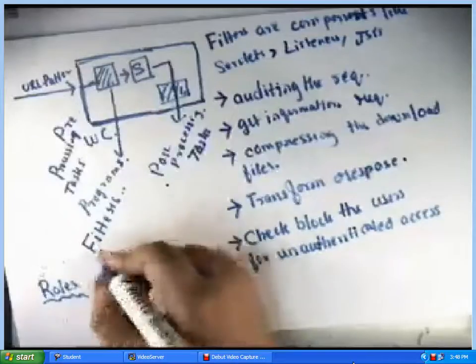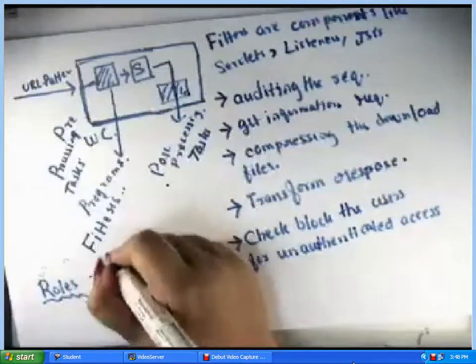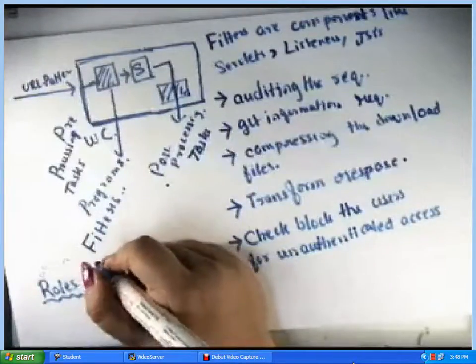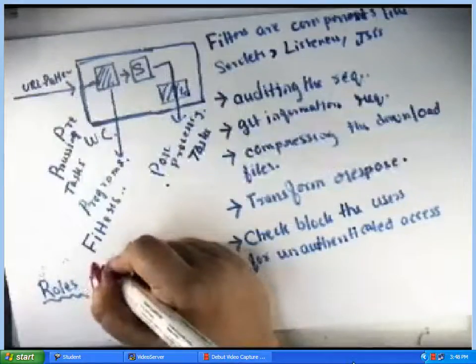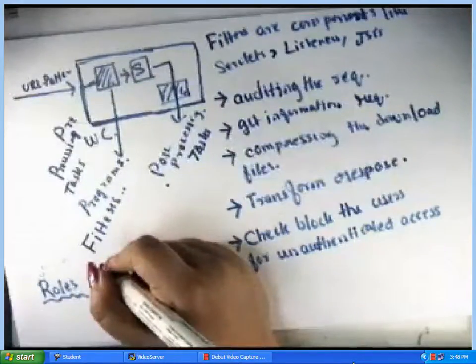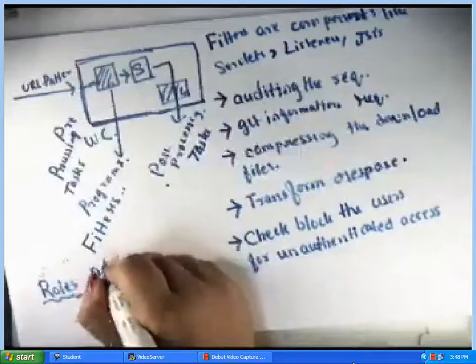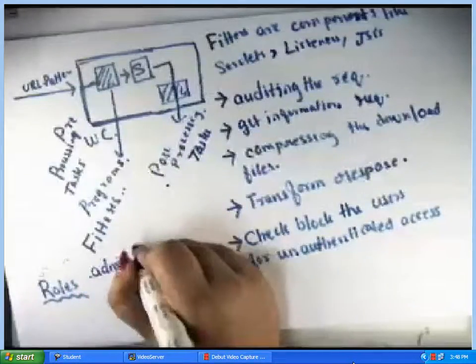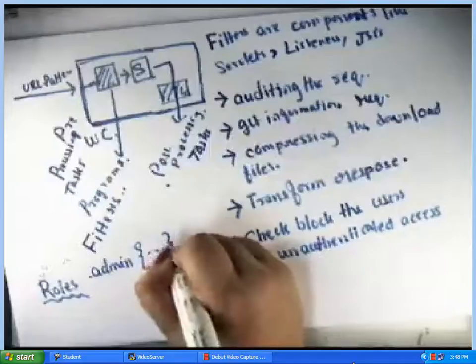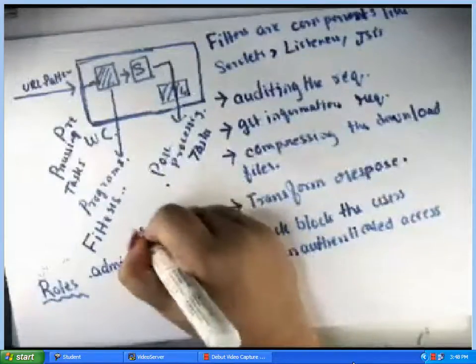Now, roles are what? Say there are a few privileges which are grouped for a specific user. Say user admin has a specific set of privileges. Say this is privilege set 1.